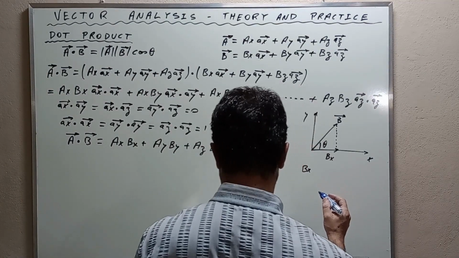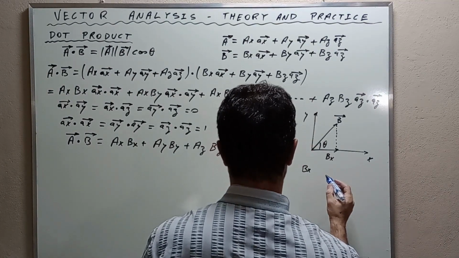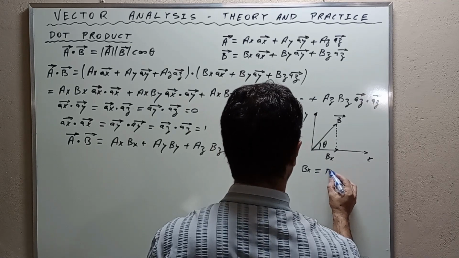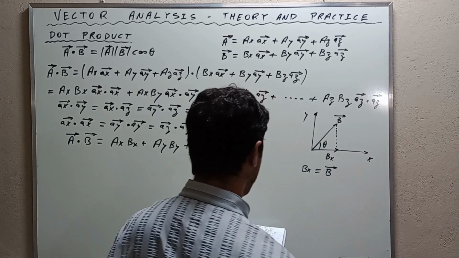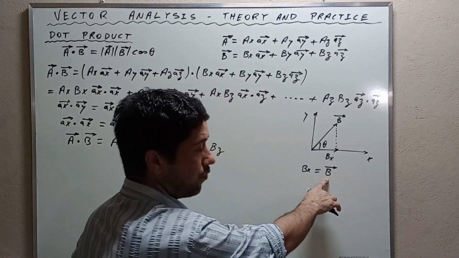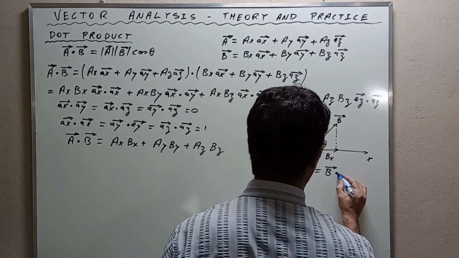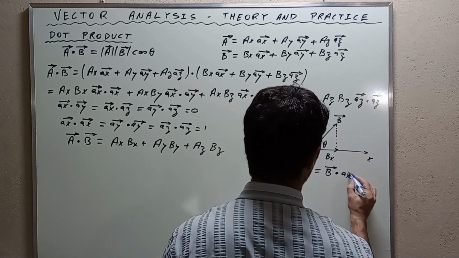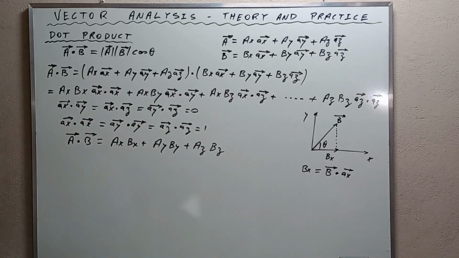Bx is equal to the magnitude, is equal to vector b in a dot product with the unit vector in the x direction, okay? The number, not a vector, the number bx is the result of the dot product between vector b and the unit vector in the x direction.